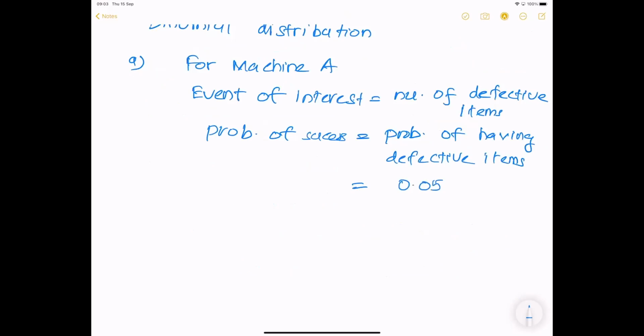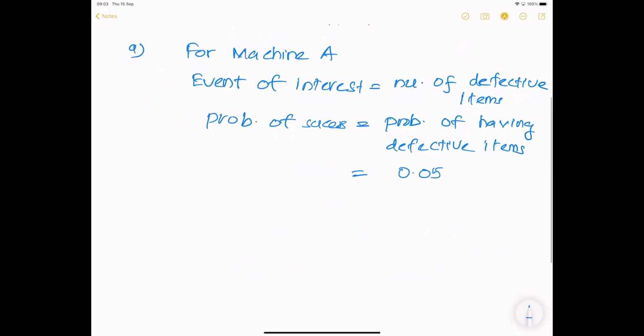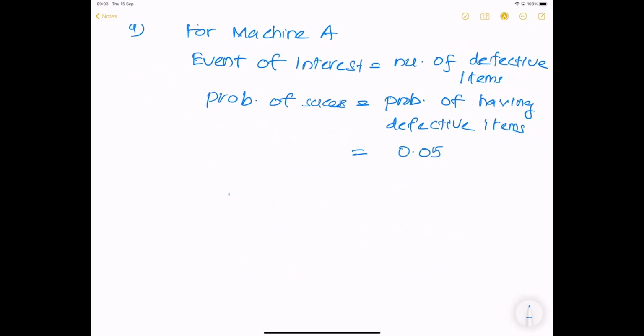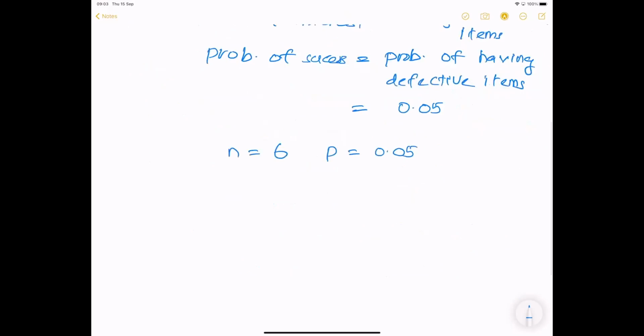Those pieces of information we can take from the question. So here we are considering the number of trials as 6, and the probability of success is 0.05. We have to find the probability that X is exactly 1, the number of defective items manufactured by machine A being exactly equal to 1.